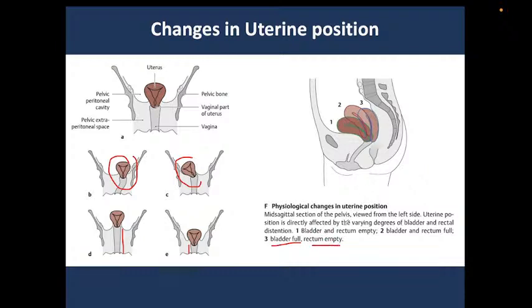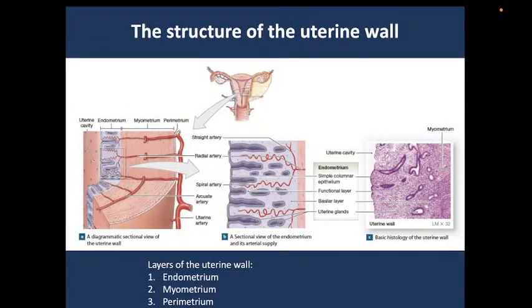And number 1 is when the bladder and rectum are empty. But number 2 is when both organs, bladder and rectum, are full. So it's interesting how the uterus can change its position in the pelvis.